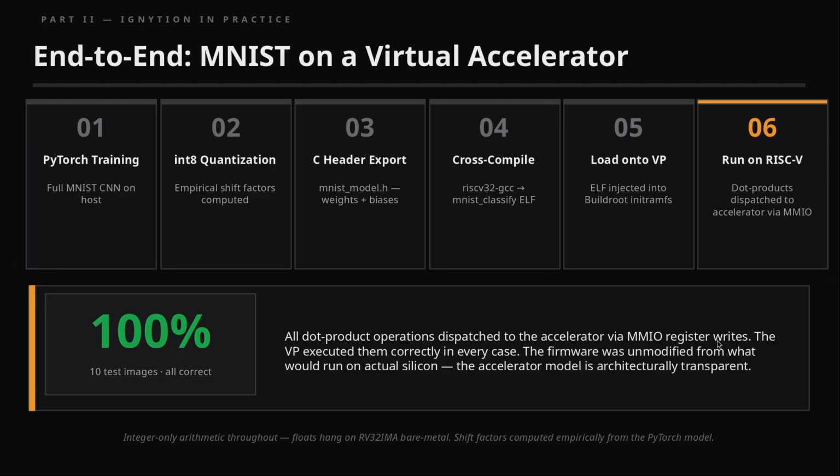Using the registers, the core communicates with the accelerator, and the VP executed them correctly in every case. The firmware was unmodified from what would run on the actual silicon. So when my accelerator silicon comes, I can just port the exact same firmware and it will run without any issues.